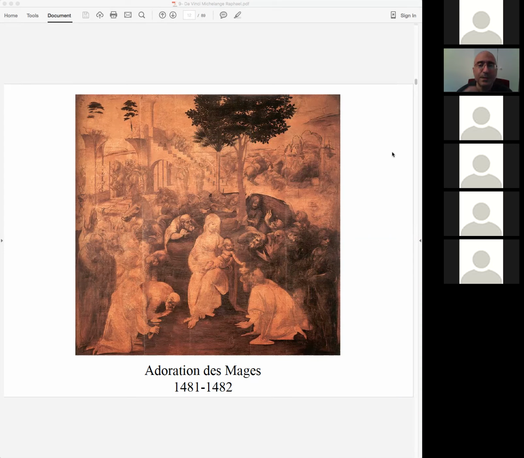So this is probably integrated into the story in this unfinished painting, which is very exploratory. He's still exploring its possibilities, but it's also an indication, let's call it a publicity to himself, of his ability to create perspectives.